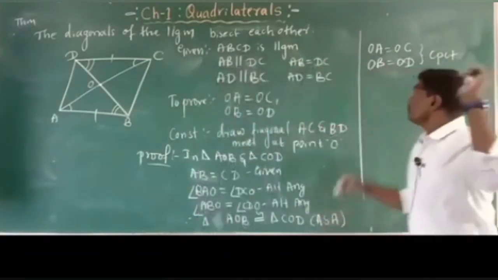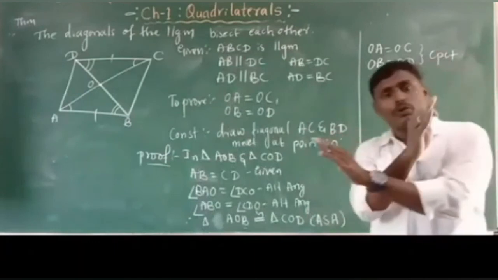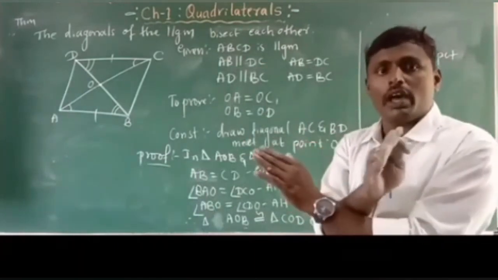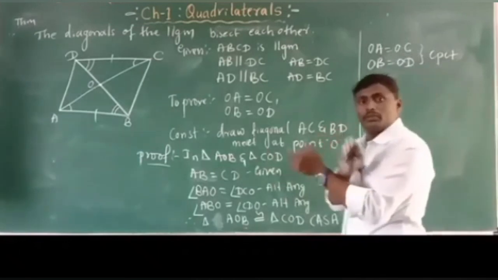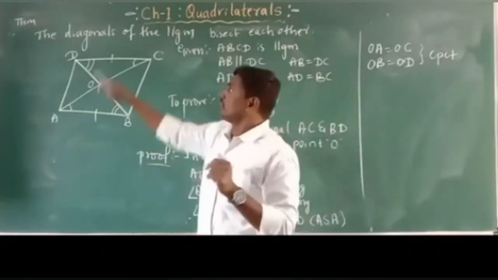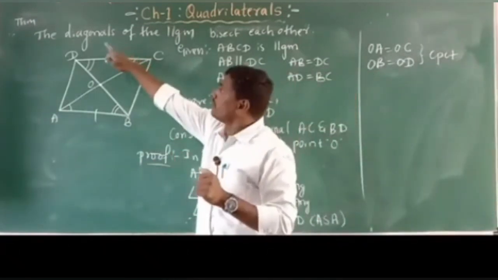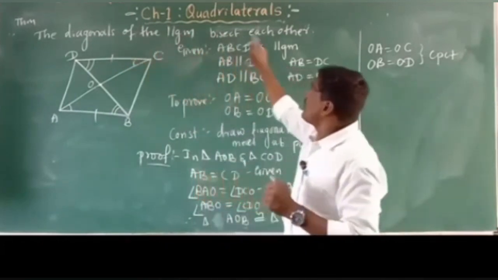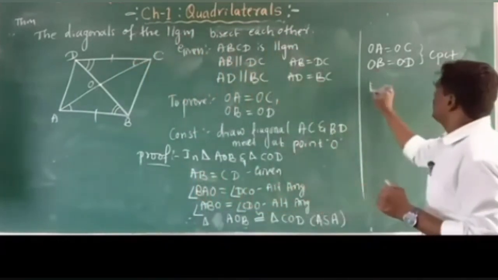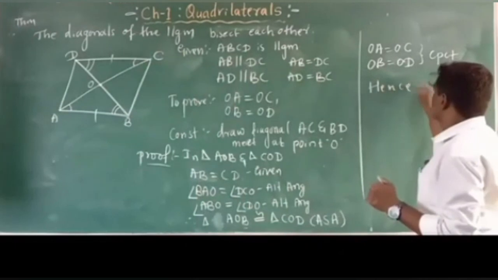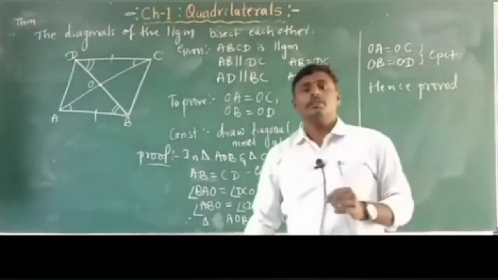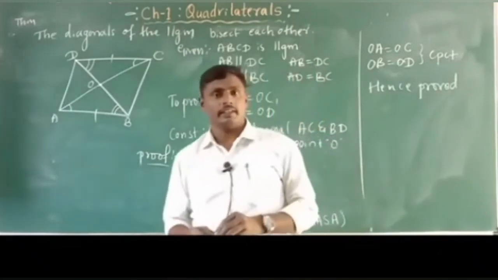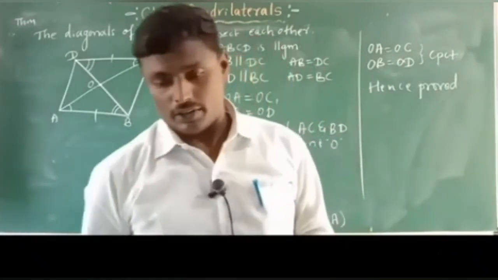So here we proved that when two diagonals intersect each other in the parallelogram, they bisect. The given statement, the diagonals of the parallelogram bisect each other, we have already proved, right? So this is the second theorem based on parallelogram. Okay.